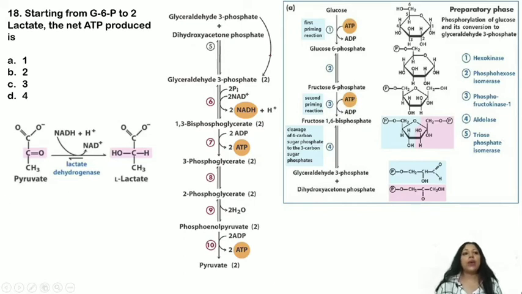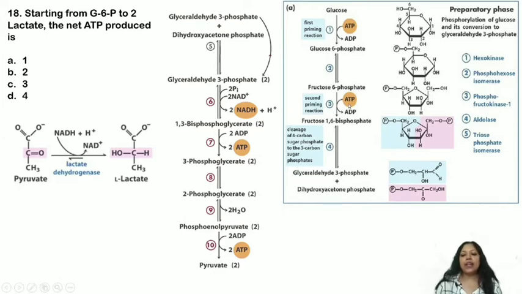So, the question is starting from glucose 6-phosphate. So, what we need to do is skip this step, correct? We have to start from glucose 6-phosphate, correct? If we are eliminating this step, it means we are eliminating this ATP consumption, correct? So, let us count the ATP only from glucose 6-phosphate to pyruvate, correct?